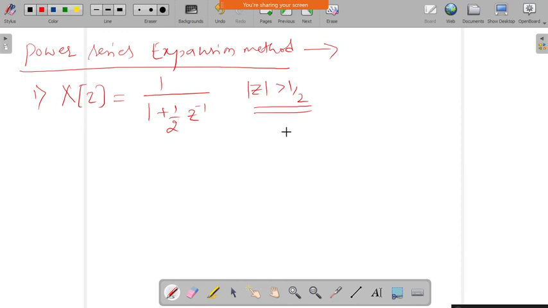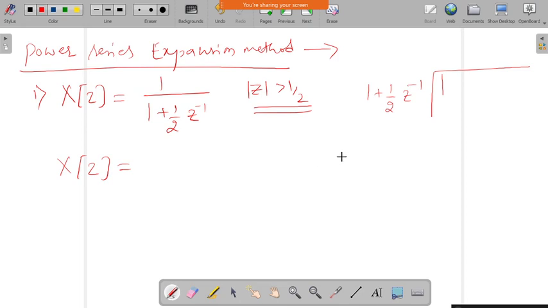So Z should be greater than half. Now for this, how can we express x of Z in terms of the power series? In order to express it in terms of the powers of Z, what we need to do is divide the numerator by the denominator, that is 1 by 1 plus half into Z inverse.